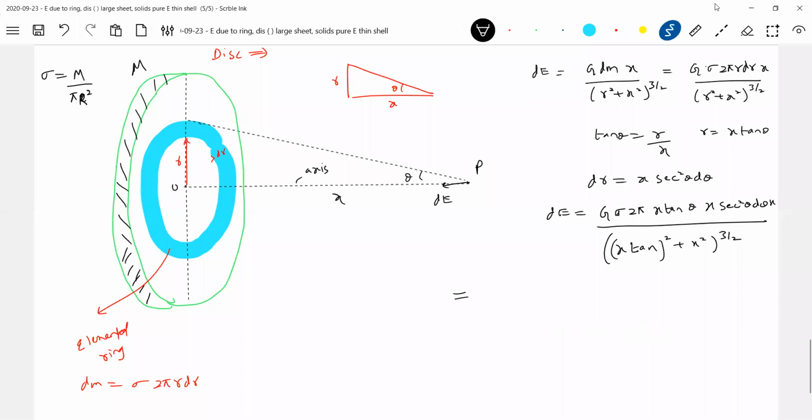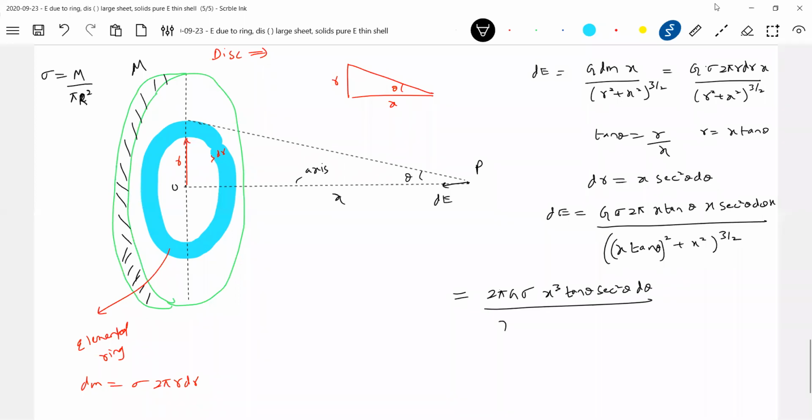You check it. Here, one tan theta, 2 pi sigma g. Let me take it outside completely. x cube, tan theta secant square theta d theta.